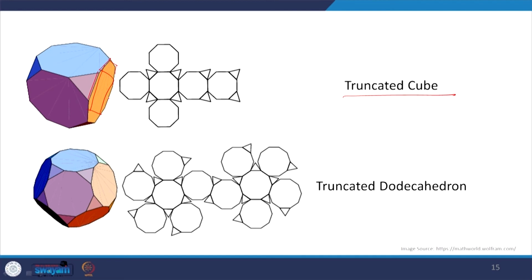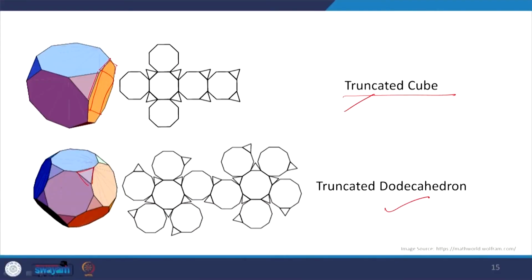In this, we are truncating the cube with 8 planes in such a manner that at each surface we are now getting an octagon. So we will have 6 octagons and 8 triangular faces. That is what the truncated cube is.